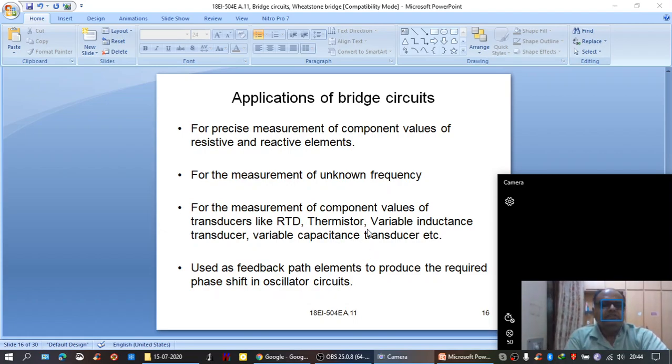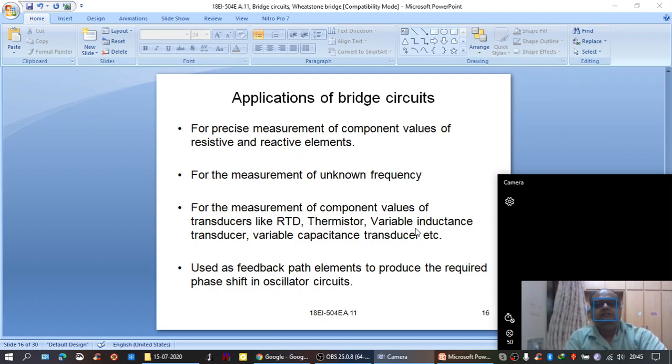Similarly, the resistance of a thermistor is sensitive to temperature, and its value decreases with the temperature. So at a particular temperature, the thermistor is placed in one of the arms of the bridge circuit, and by balancing the bridge, we can find out the value of thermistor resistance.